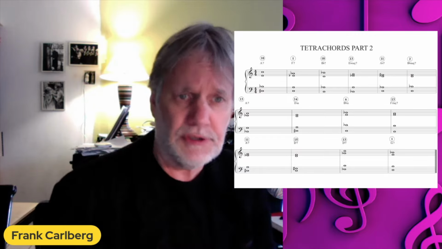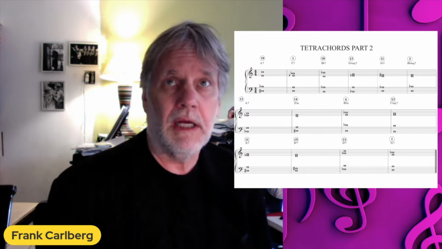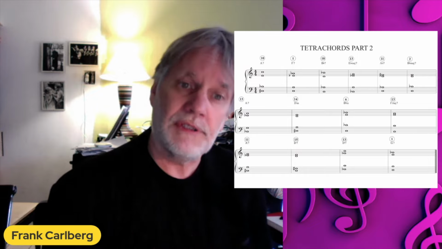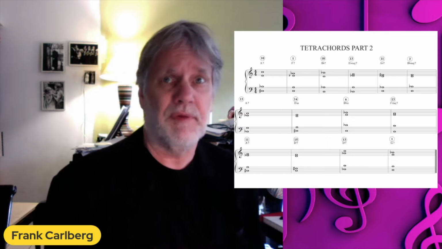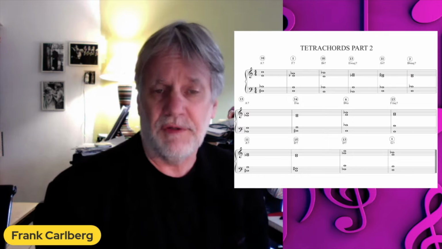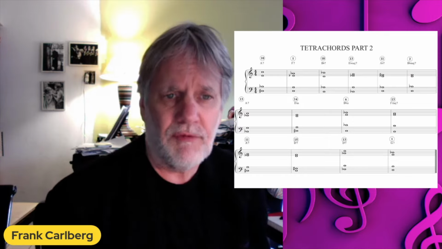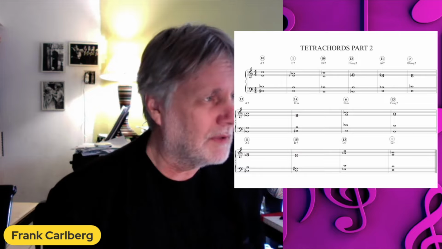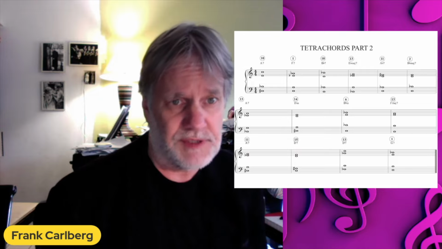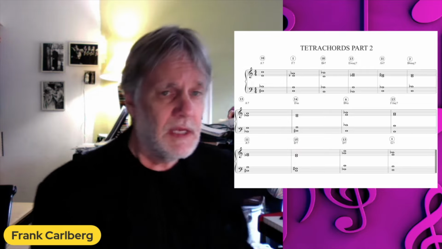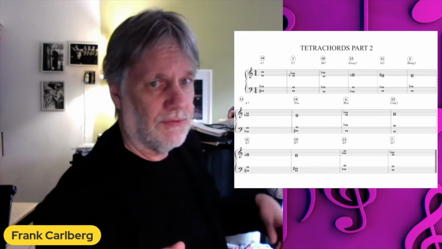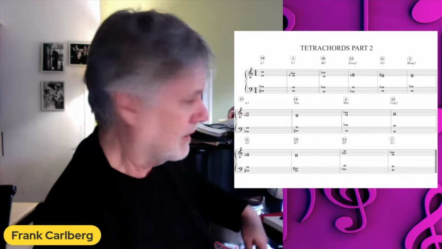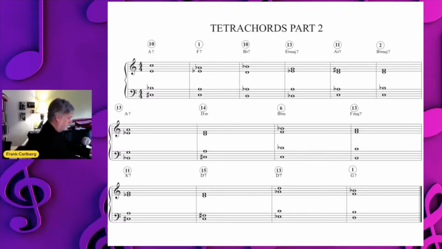The numbers here correspond with the numbers that I gave on the previous slide for the different tetrachords. So some of them are repeated. Most of them are used in a certain transposition and so on. So let me play through the example that we have here.